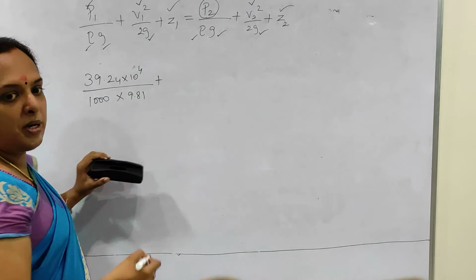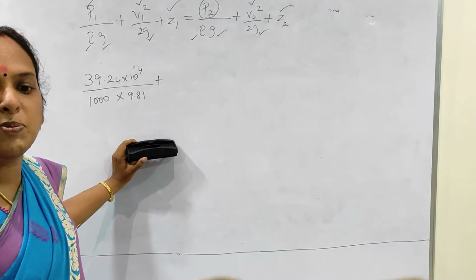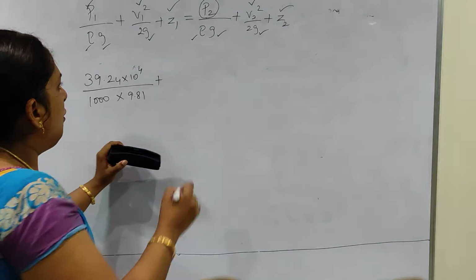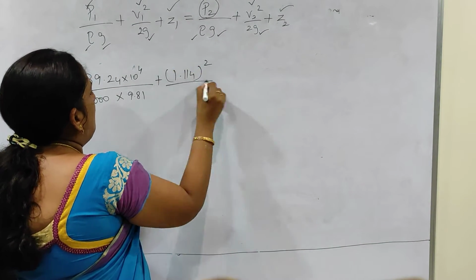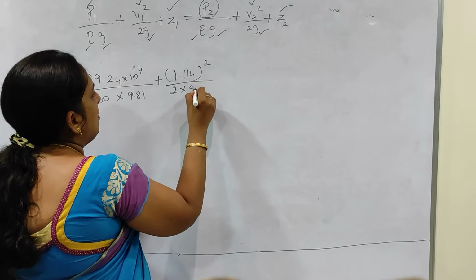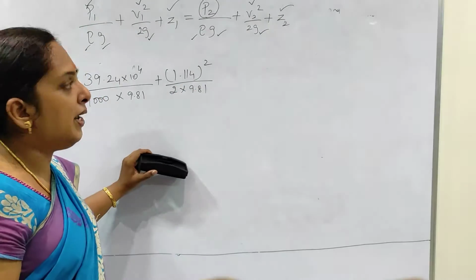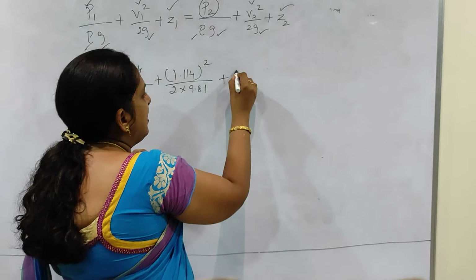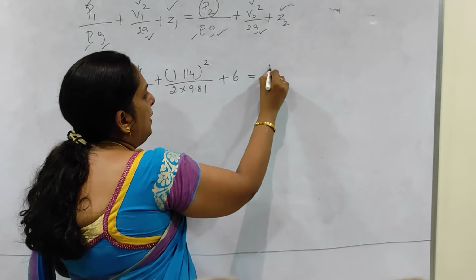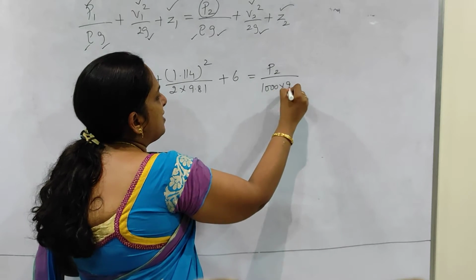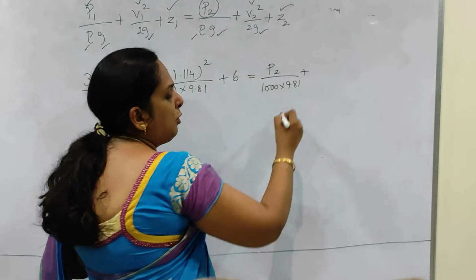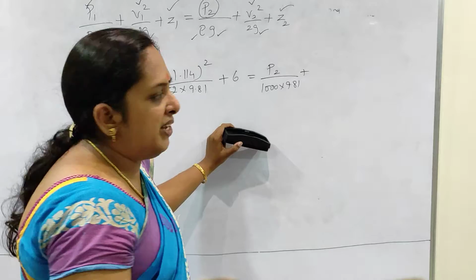And V1 square we have got just now: 1.114, the whole square, by 2 into G, the same 9.81, plus Z1 is 6 meters, as given in the problem. P2 is my unknown, rho is 1000, G is 9.81, plus V2 we have got as 4.456.